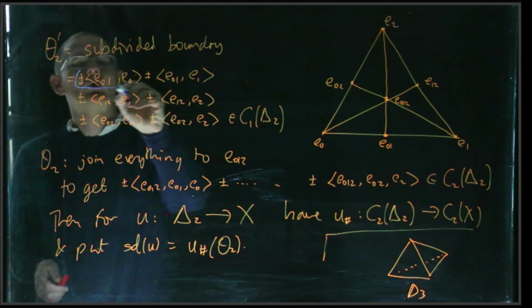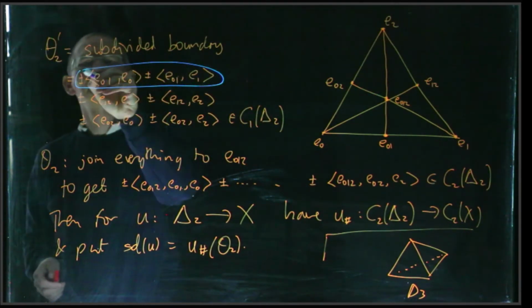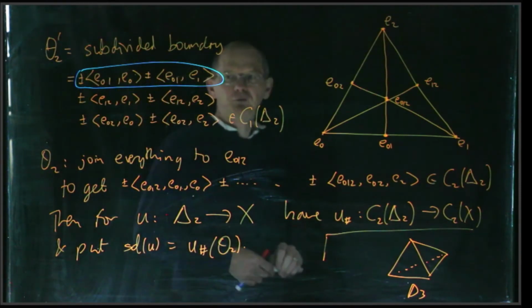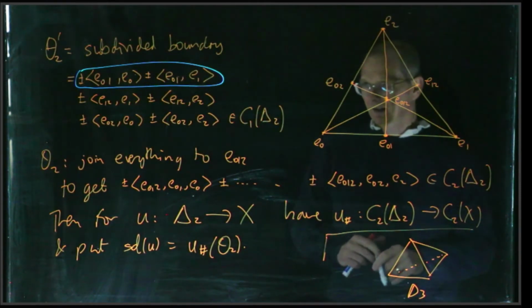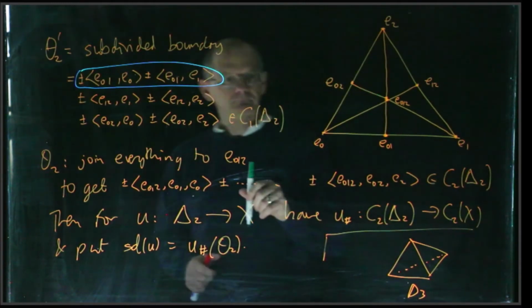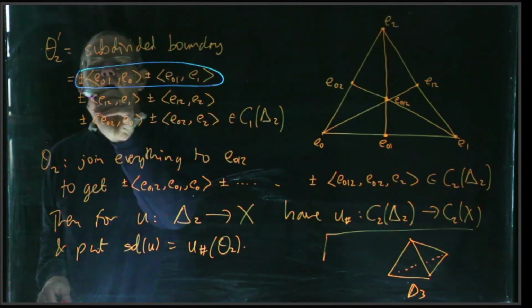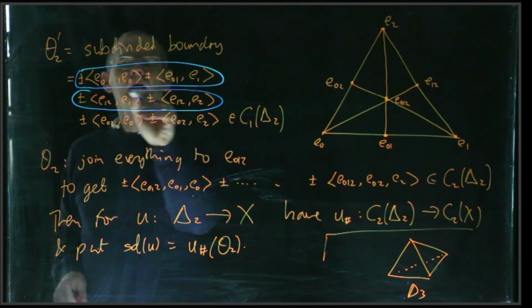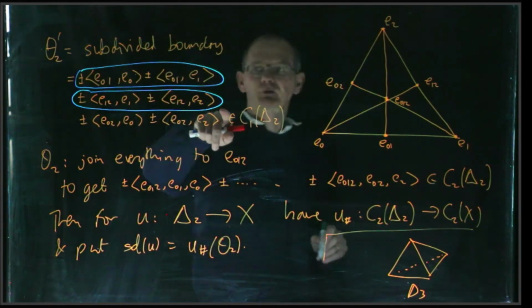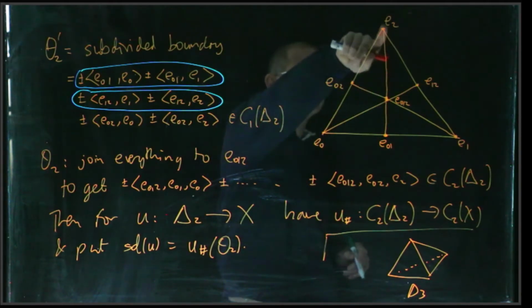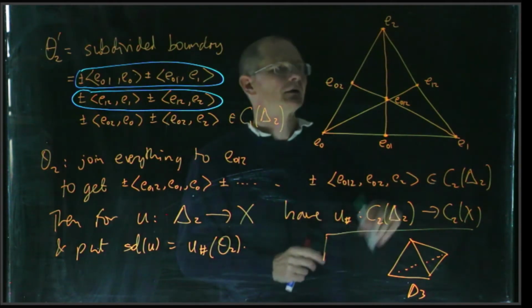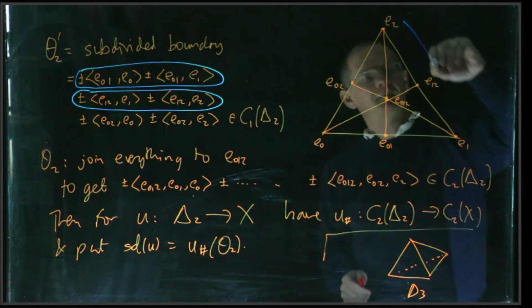But let me say a little bit more about where these terms are coming from, in a formal sense. Let's look at this group of terms here, corresponding to this edge of the triangle. So what's this edge here?